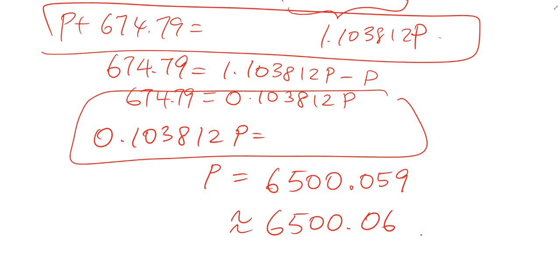5 SF. What is your 5 SF? 1.1038. Okay, let me try. 674.79 divided by 0.1038. Then you get 6497.97, right?